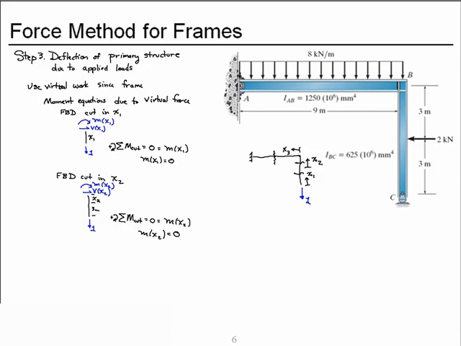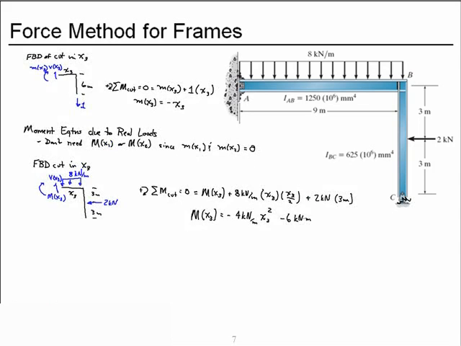So we started by calculating the moment equations due to the virtual force and found that 2 of them are 0, which means we didn't need to calculate the moment equations in region x1 or x2 due to the real loads.